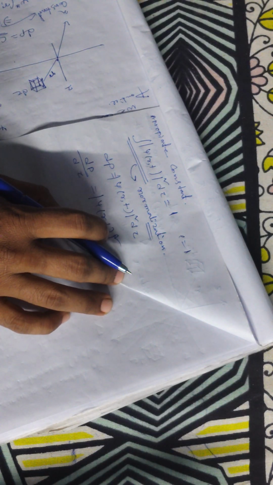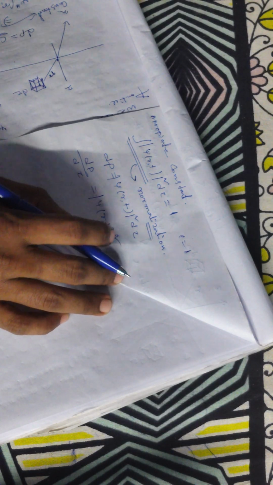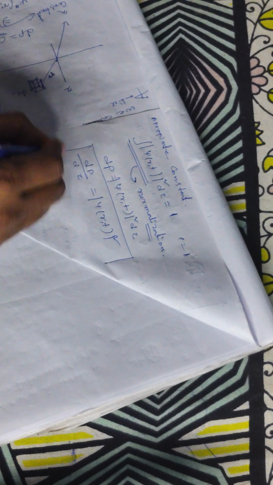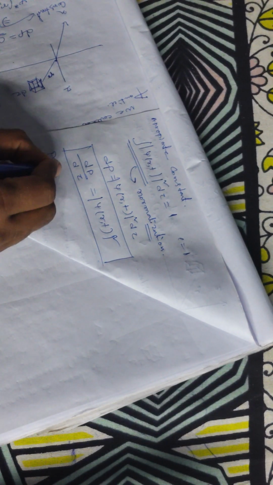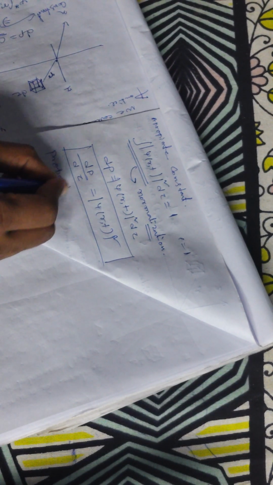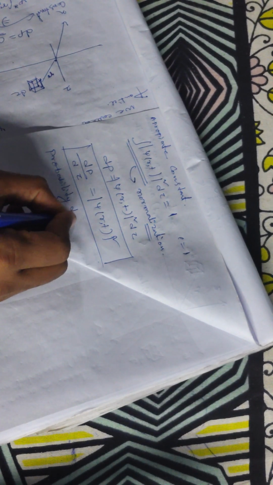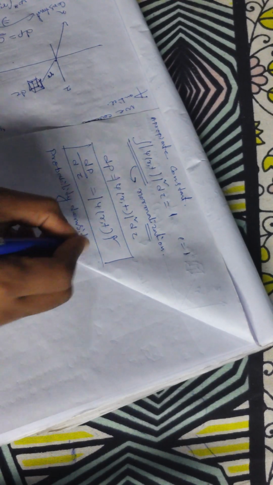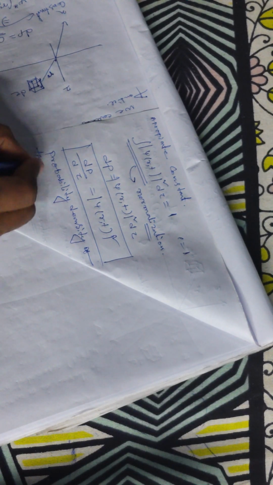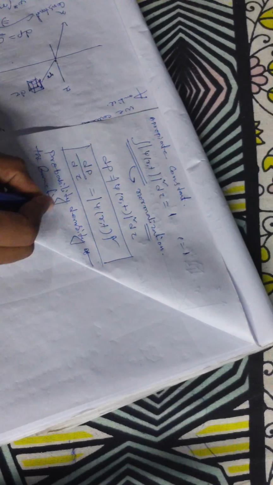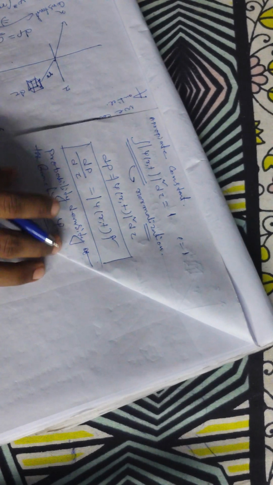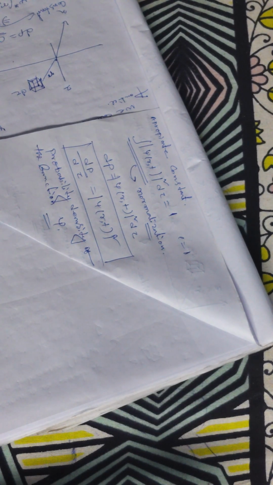So this is called the probability density of the function psi, okay.